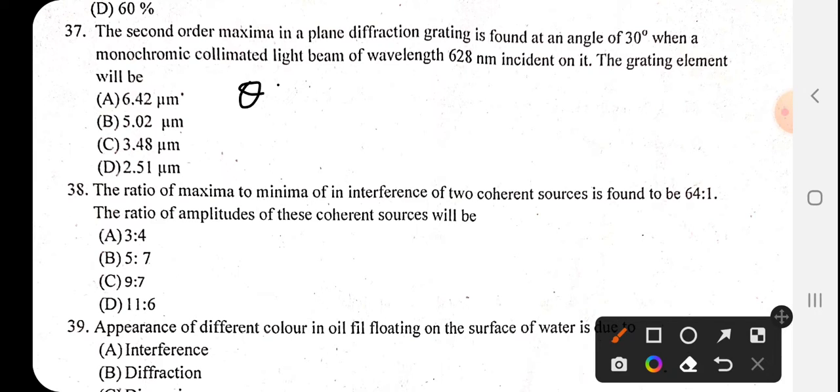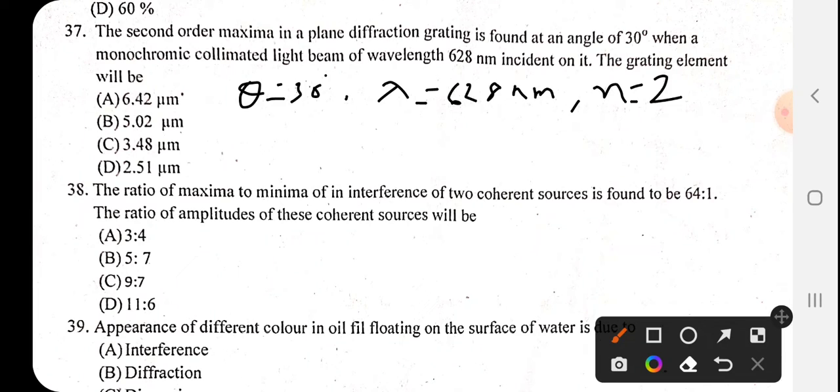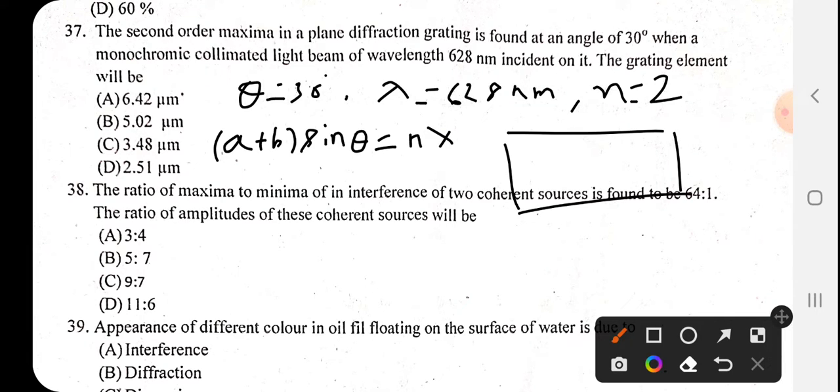What is given: theta equals 30 degree, monochromatic light of wavelength lambda equals 628 nanometer, and we need the grating element. The order is second order maxima, that is n equals 2. The formula for grating is a plus b sin theta equals n lambda. The grating element, suppose this is a transparent sheet with a number of opaque surfaces. So what is grating?